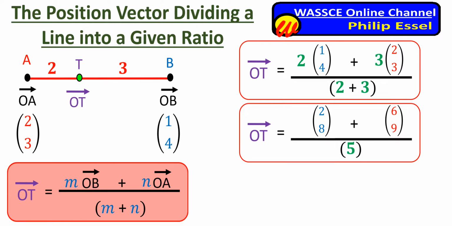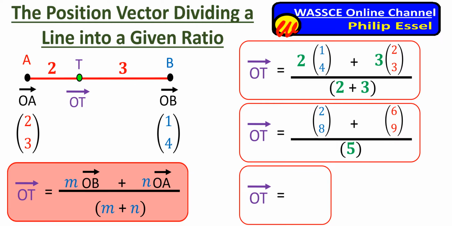Remember, we got the (2, 8) by multiplying the 2 by the vector (1, 4). And we got the vector (6, 9) by multiplying the vector (2, 3) by the scalar 3. So that's how we arrive at those two vectors. All divided by the sum of the two ratios, 2 plus 3, that is 5.